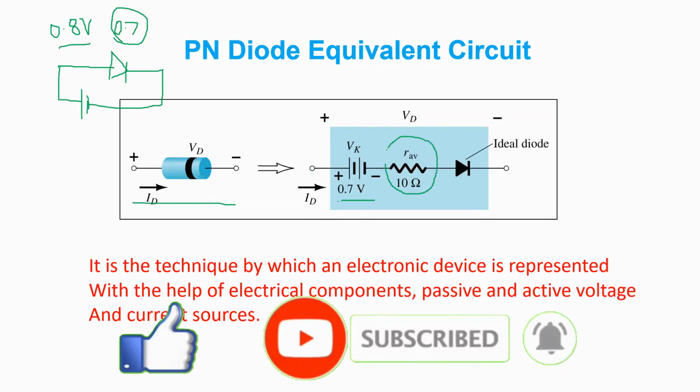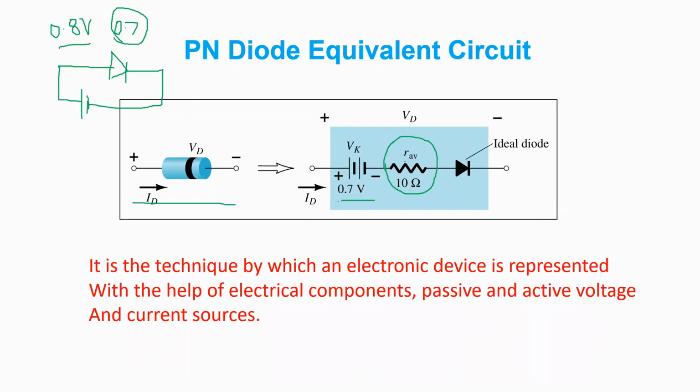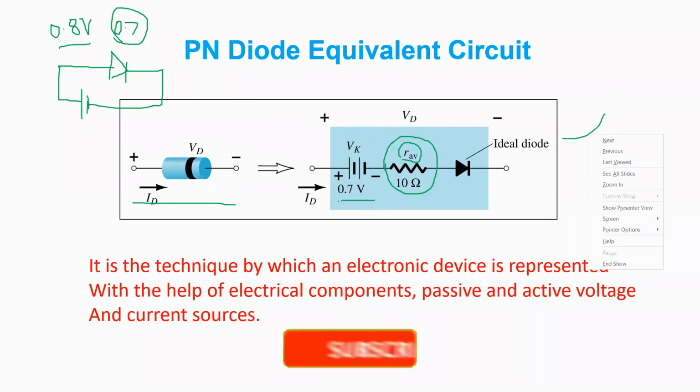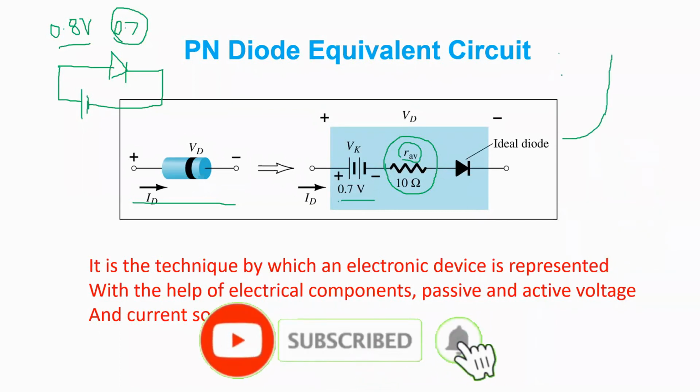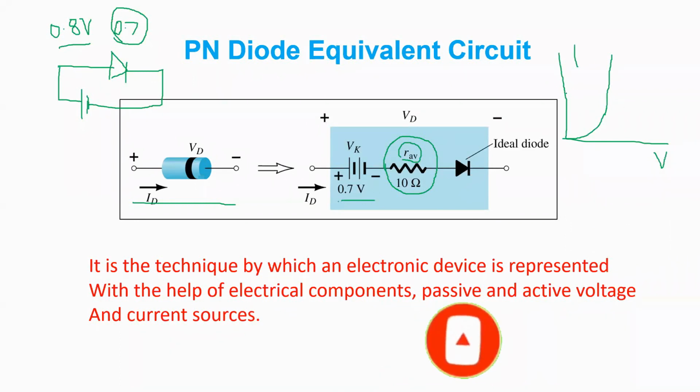Second is your average resistance, and you can see it in the VI characteristics of the diode. This is your voltage, this is current. Here you can find the average resistance of your device for a particular region.